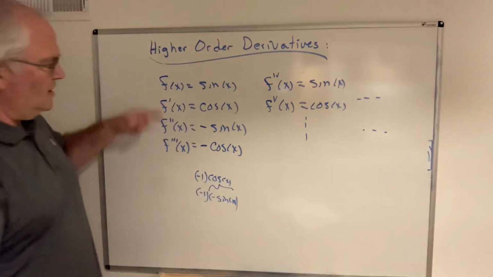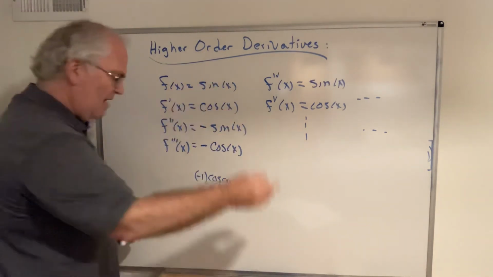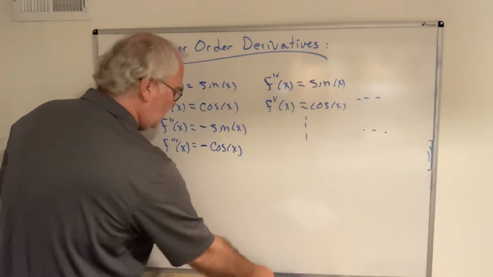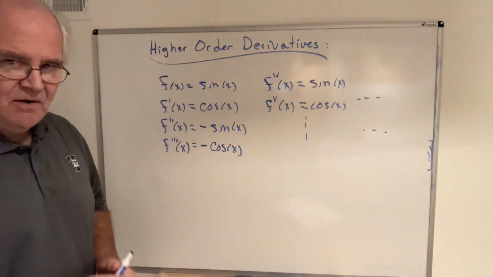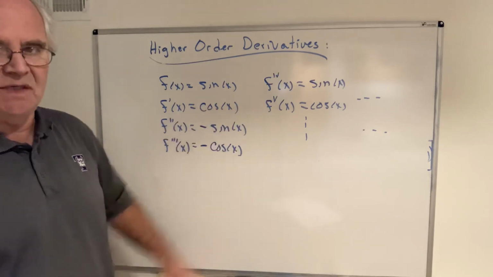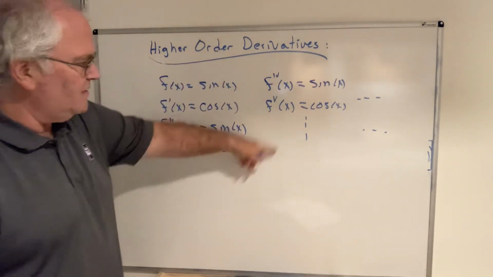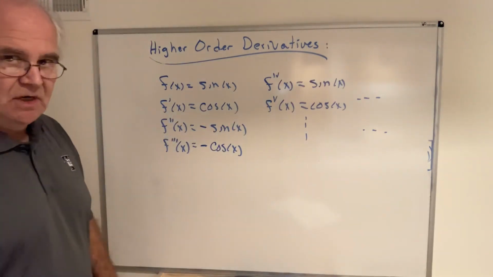And so this cycle continues. It just continues to cycle through, and that has some applications in higher mathematics as well. Anytime you generate a pattern in mathematics, it's like that's golden. You can use that for an application somewhere. But again, you can take derivatives till you're blue in the mouth. It's never going to go to zero.